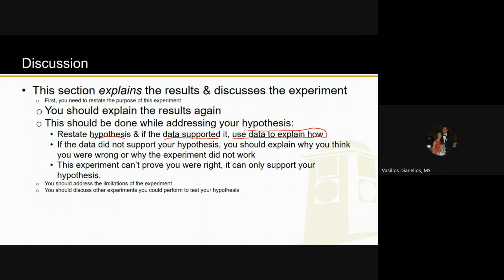Now, this part right here, use the data to explain how. Somewhere in the discussion you should do that, but in my opinion, it should be either right after you restate your hypothesis, or like I said earlier, when you're doing your results, right? So again, just as a quick example, the cuvette and the red light went from this to this, and the cuvette and the green light went from this to this.